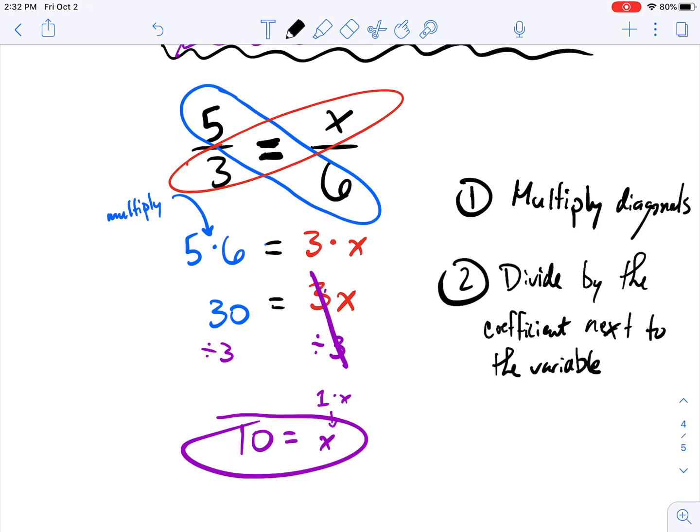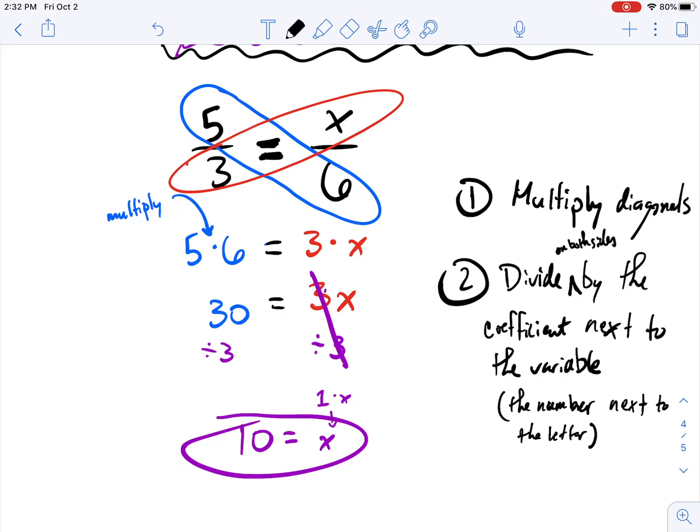So that's the number next to the letter. I'm going to write that down. The number next to the letter. And you divide on both sides, okay? So really important. Divide on both sides by the coefficient next to the variable, okay?